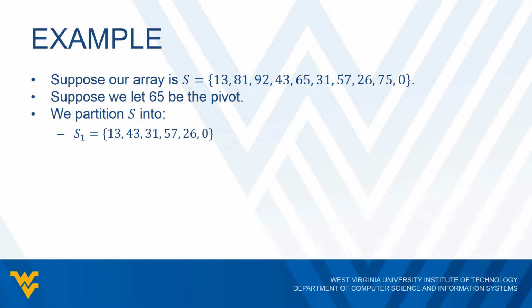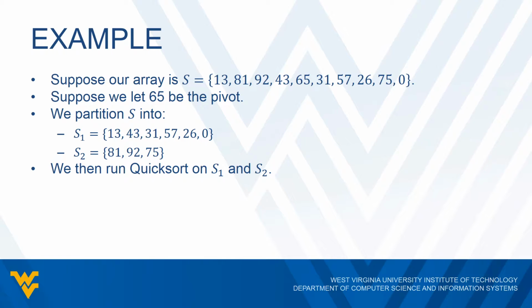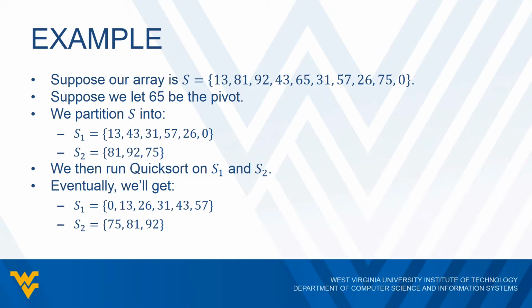So in this case, S1 is going to be 13, 43, 31, 57, 26, and 0. All of them are less than or equal to 65. And then S2 is going to have 81, 92, and 75. All those are greater than or equal to 65. We'll then run quicksort on both S1 and S2. If we just keep repeating this, where we pick a pivot and partition and so forth, eventually when we get back, S1 will be 0, 13, 26, 31, 43, and 57, and S2 would be 75, 81, and 92.